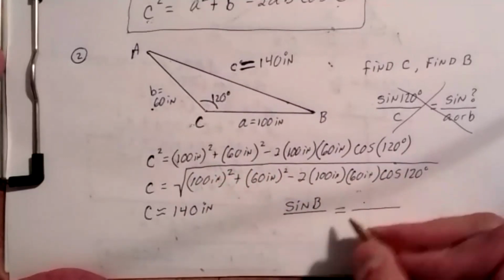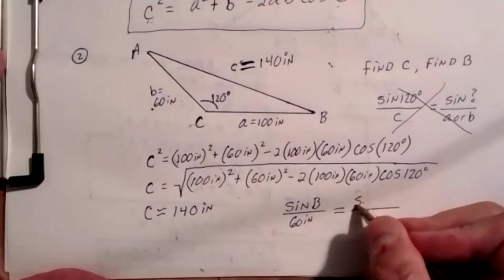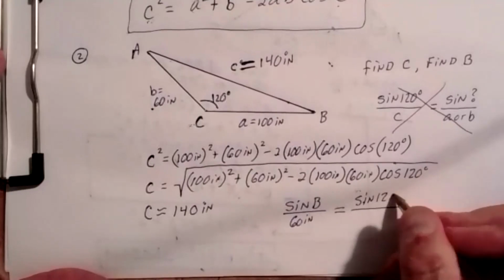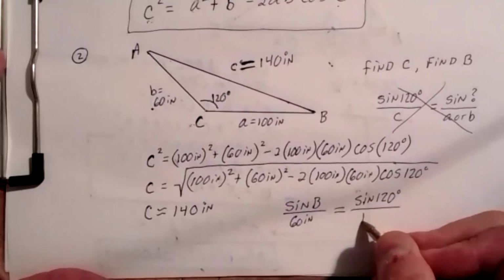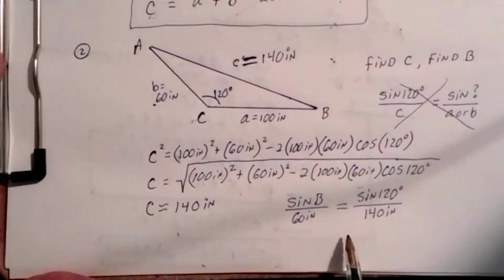Side B, 60 inches, as the sine of angle C, which is 120 degrees, is now to side C, which is 140 inches. Now we can use the law of sines to find angle B.